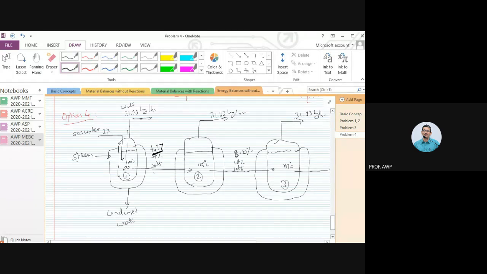Now this steam, will it be at 137 degrees centigrade or something lower? I want to maintain a 20-degree difference. So if it is boiling at 103, the steam temperature should be 123.